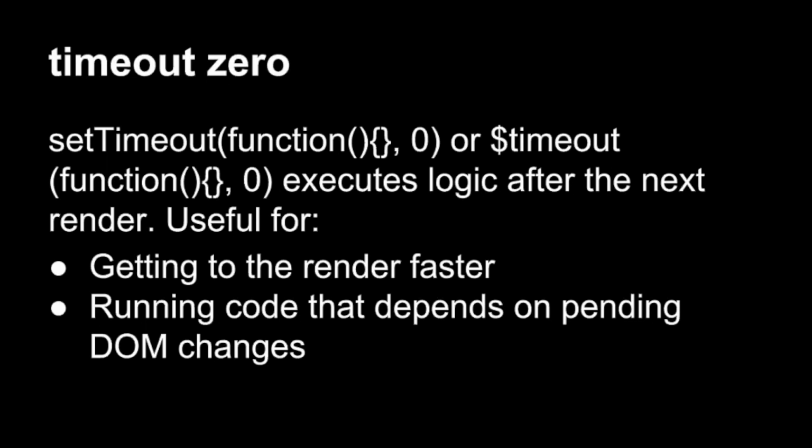So timeout 0 is sort of like a thing that's used to achieve certain tricks, I guess you could say, certain optimizations. So when I say timeout 0, I'm either talking about set timeout or using the Angular timeout, either one. The idea, though, is that you're going to set up some callback where the timeout number of milliseconds is 0. So what this does, essentially, well, let me talk about when, instead of 0, it's 100.